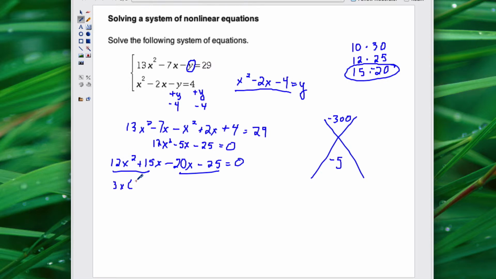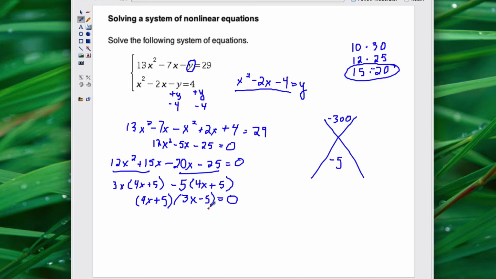And that leaves me with 4x plus 5 minus, I can take out a 5 from both of these, and that leaves me with 4x plus 5. So these are exactly the same, 4x plus 5, so I'm going to have 4x plus 5 as one of my factors, and 3x minus 5 is my other.